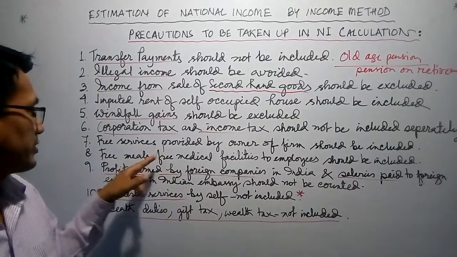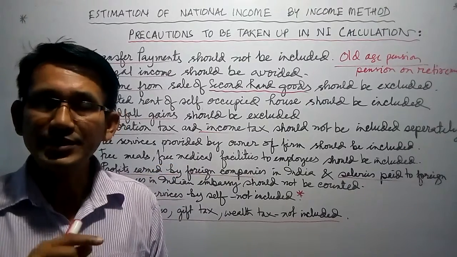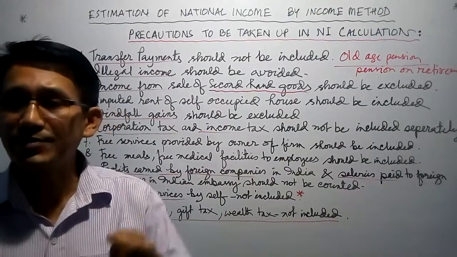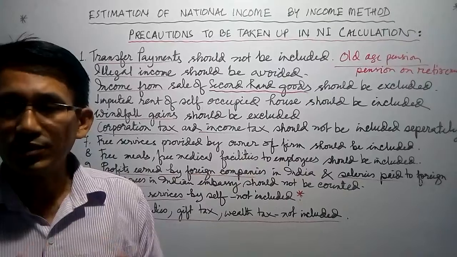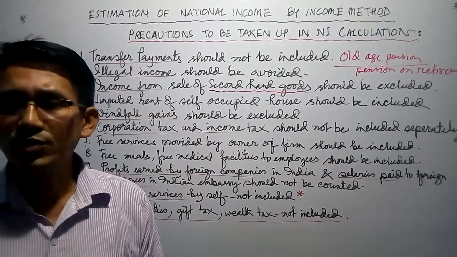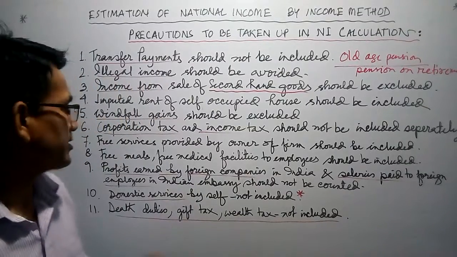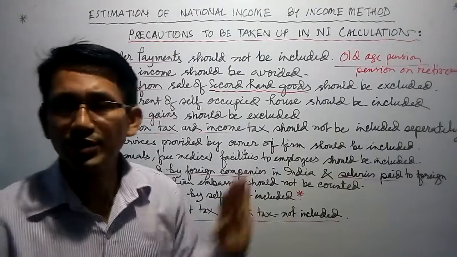Even if free meals and free medical facilities do not form part of the cash payment, they form part of the wage given in kind. So they are counted in the calculation of national income.